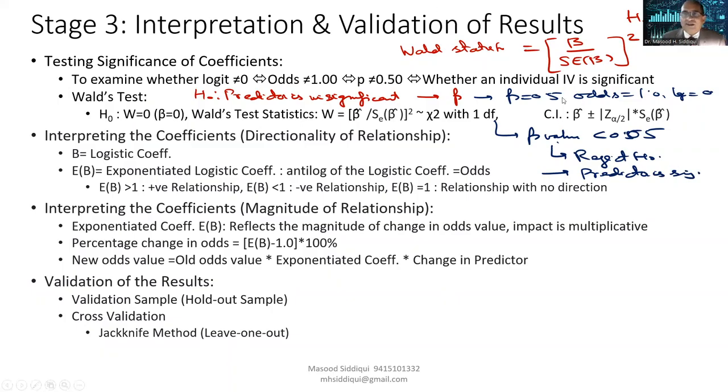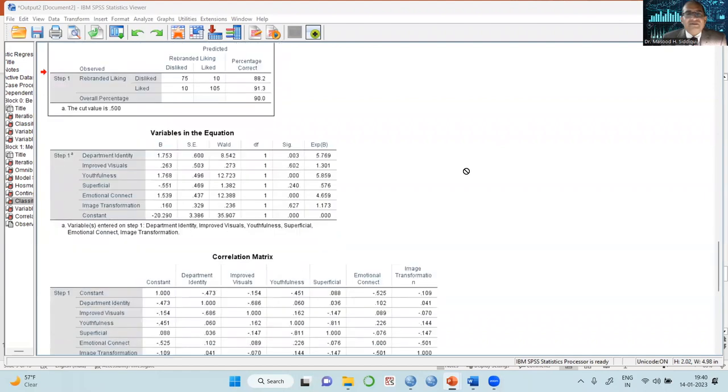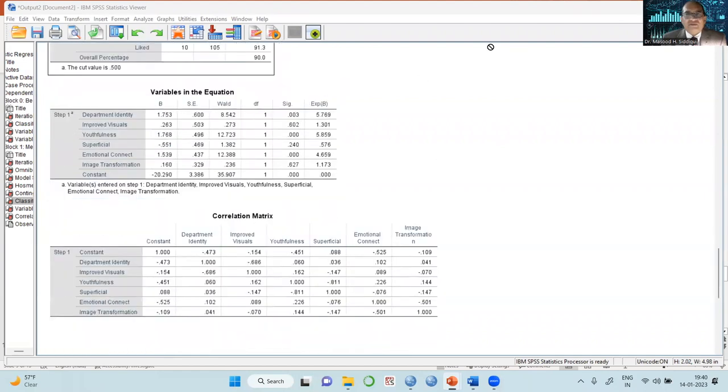So let us discuss the results first. This is the Wald coefficient that I have discussed, and here we consider the significance. This p-value is 0.003, which is less than 0.05, so departmental identity is significant.